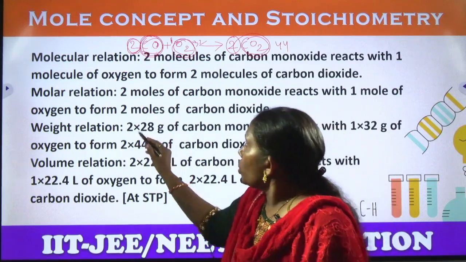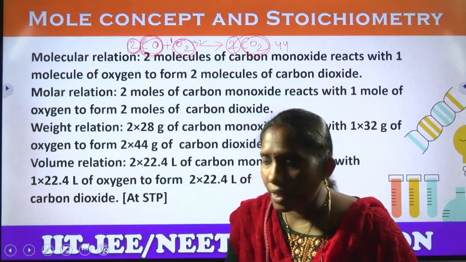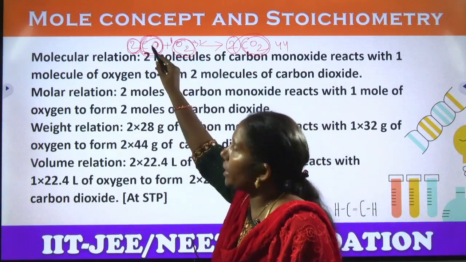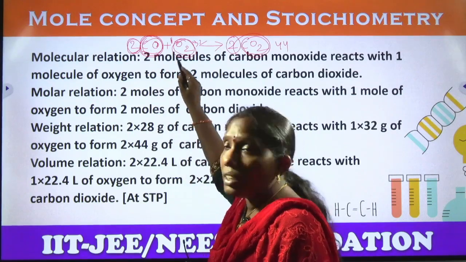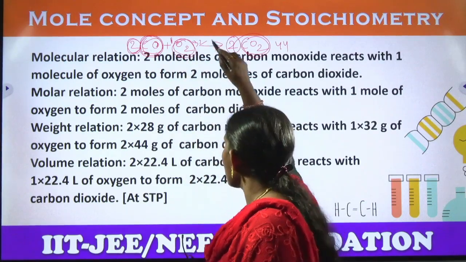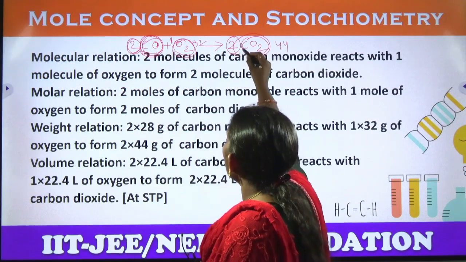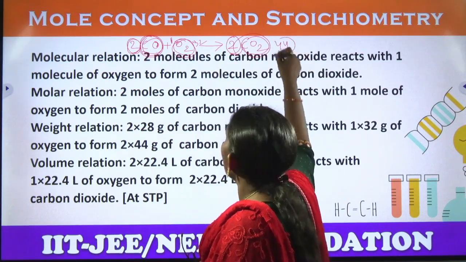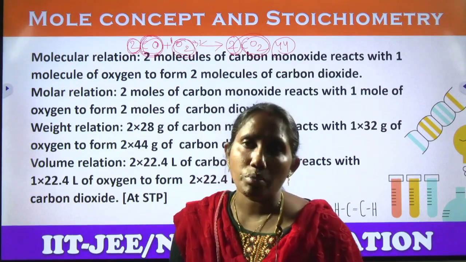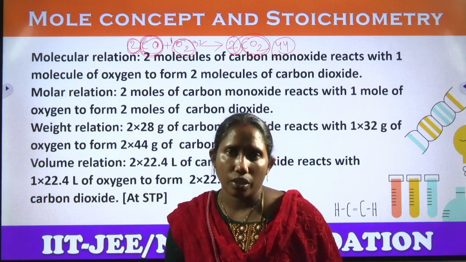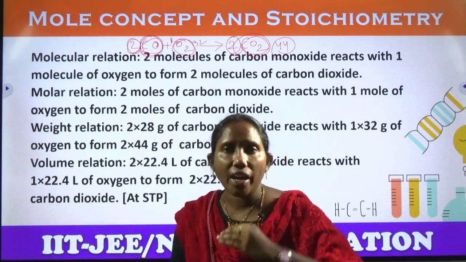So 2 into 28 grams of carbon monoxide reacts with 32 grams of oxygen, gives 2 into 44 grams of carbon dioxide. That is the weight representation.